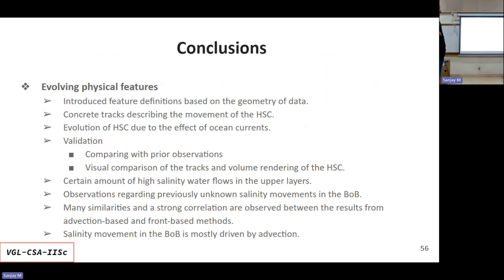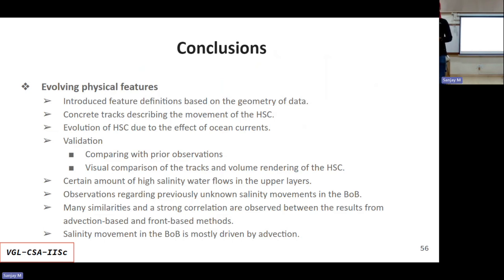Okay, so in conclusion, we provided two different methods that can be used for tracking evolving features over time. And we did validation for those methods using existing studies. We also showed some results that were new. We also showed that the movement of salinity, at least in the Bay of Bengal, happens more or less due to advection.